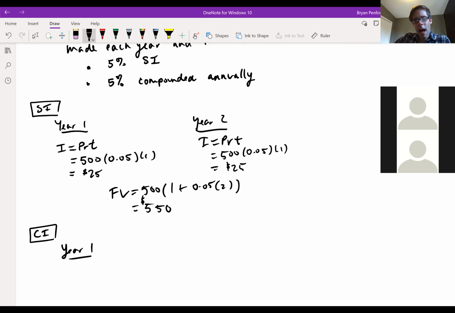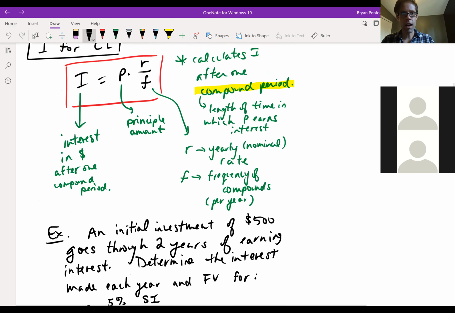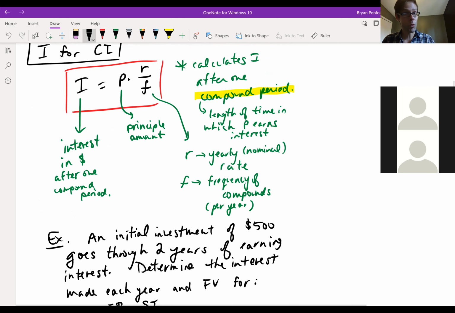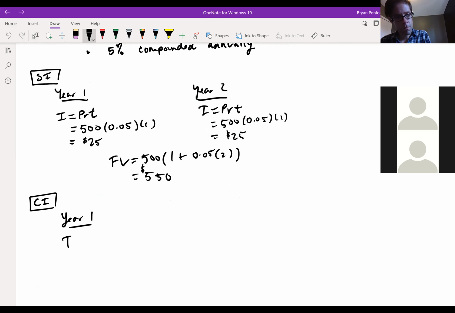Now let's take a look at what happens with compound interest. So let's apply the formula that we saw back here, which is I can be calculated by taking the principal amount and multiplying by R over F. So we're going to take our $500, which is our principal amount. We're going to take our nominal rate, our yearly rate of 5%.